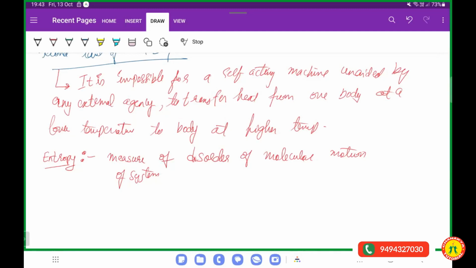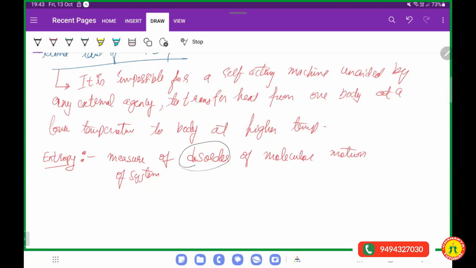Now, the word disorder causes a lot of confusion here, so let's make it simple. We can say it is the amount of energy which is used, which is no longer required as work done. It cannot be done as work, and we cannot utilize it.